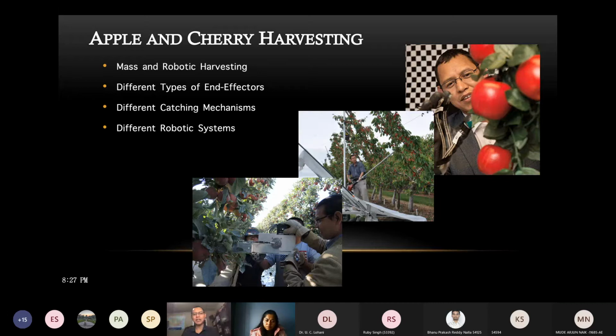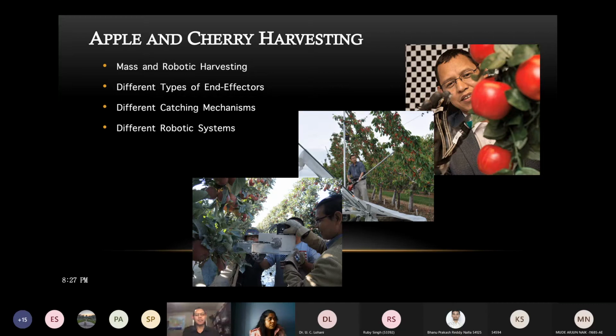By mass, what I mean is some technology that harvests multiple fruit at a time. And robotic harvesting is kind of obvious. We target one fruit at a time and pick it. Different types of end effectors, like if it is robotic picking, do we want to use soft material? Do we want to use 3 fingers or 5 fingers? Do we want to use tandem operated fingers?